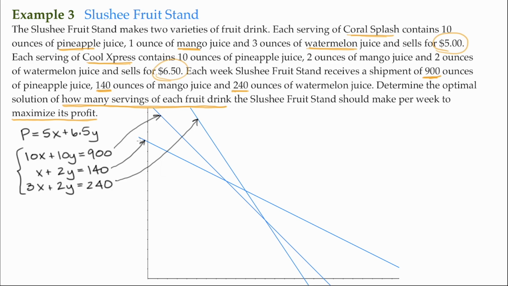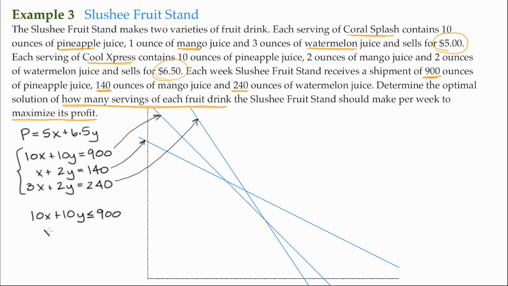Now, we have to keep in mind that these lines are going to form boundary lines, because as we can see, 900 ounces, we can't have more than that. The 900 is the maximum, same way with the 140 and the 240. So we're going to change this linear system into a linear system of inequalities. We'll write 10x plus 10y less than or equal to the 900 ounces of the pineapple juice.